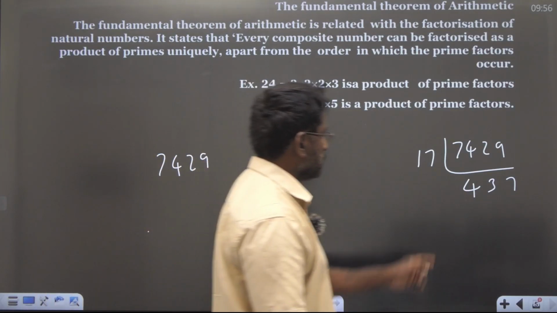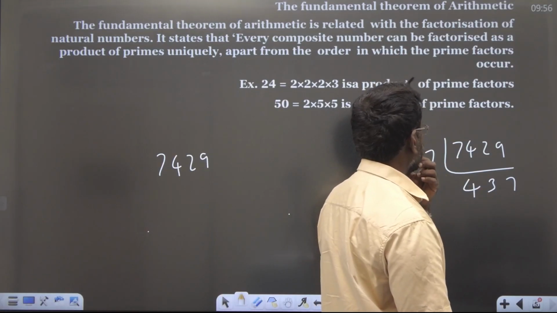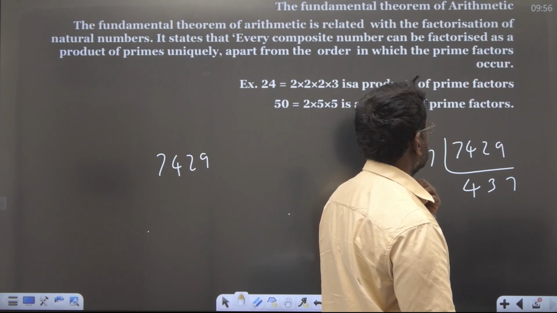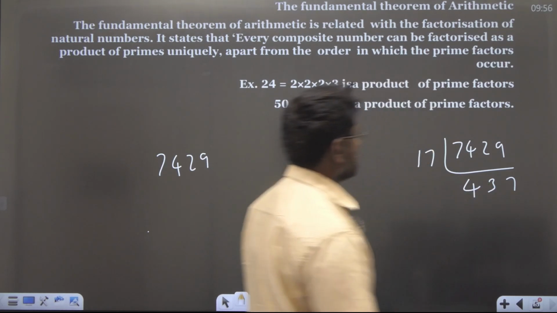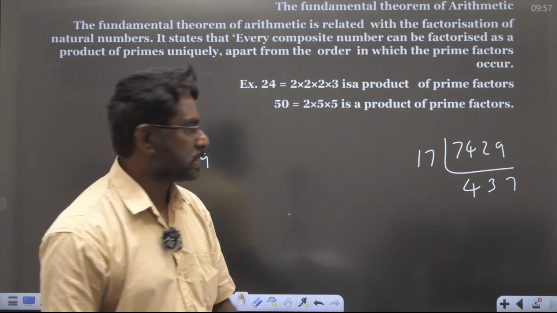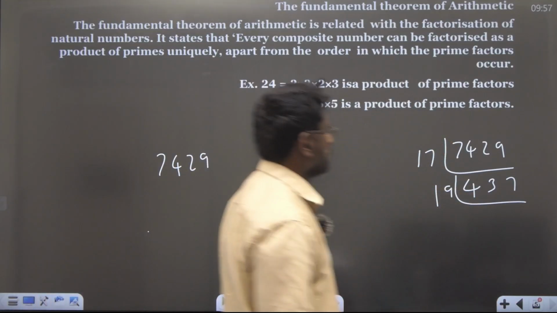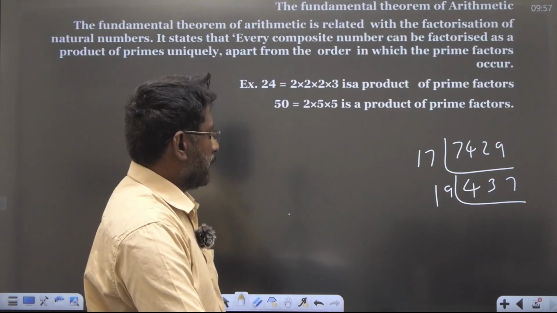Again, it is not divisible by 3, 5, 7, 11. 437 is a multiple of 19. Check for 19.